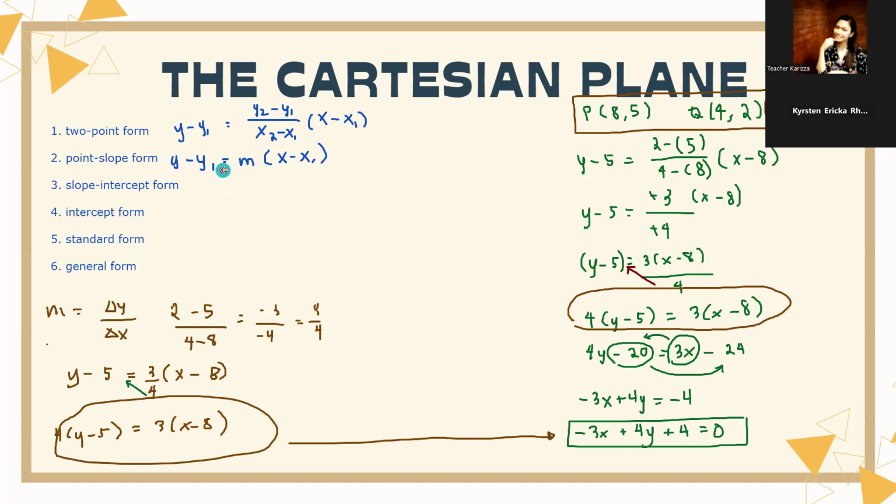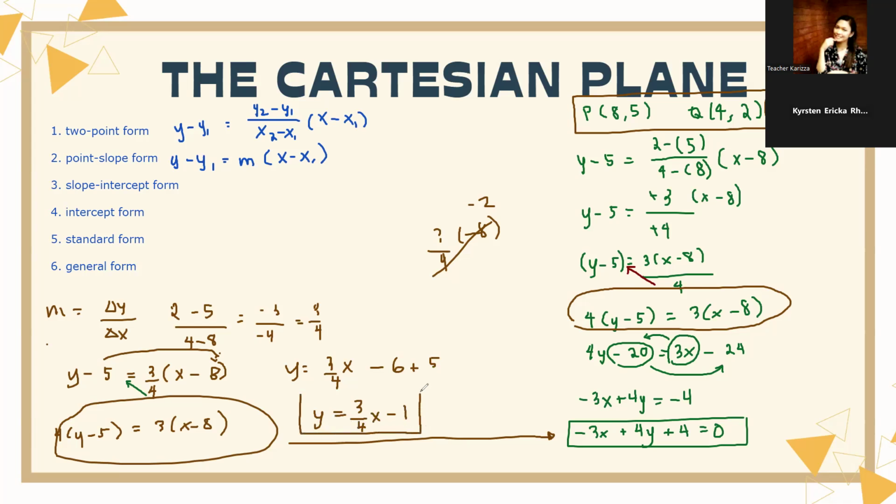For example, if you just want to isolate y, transpose 5 over here. We'll have y is equal to 3/4 x, and 3/4 times negative 8 is negative 6, minus 6 plus 5. So magiging y is equal to 3/4 x minus 1. Okay, so it's the same equation.